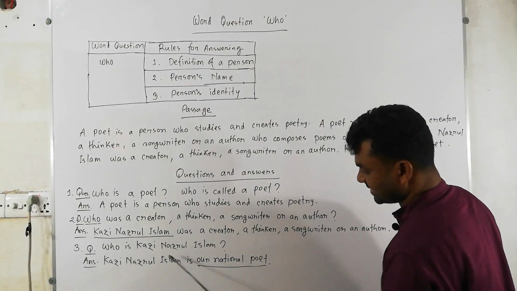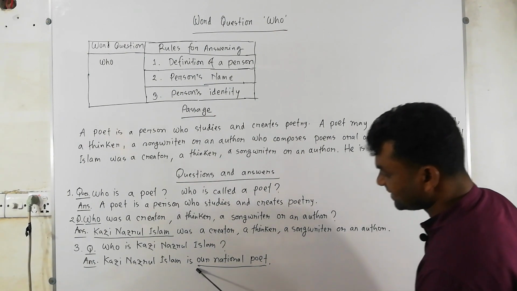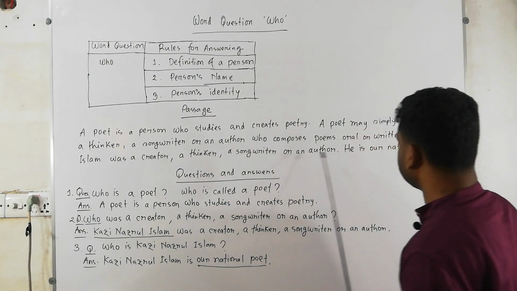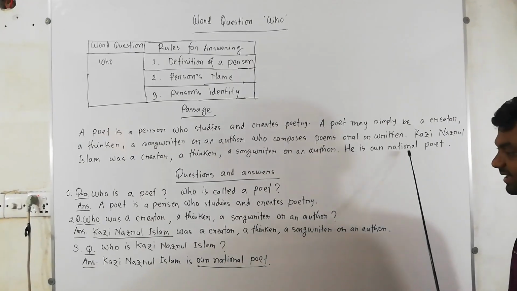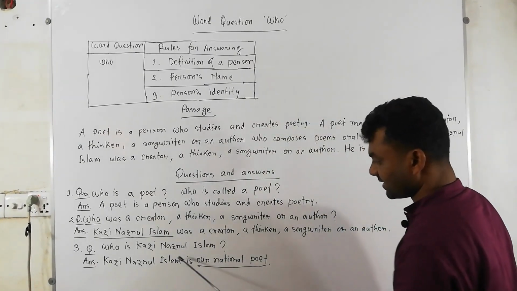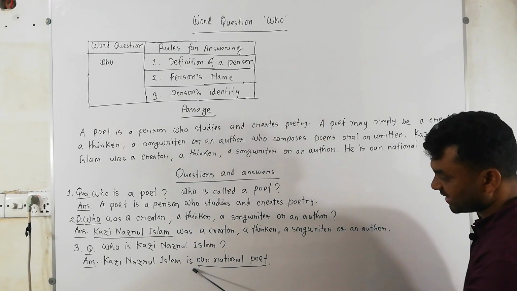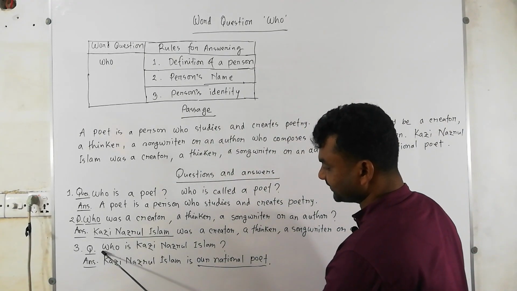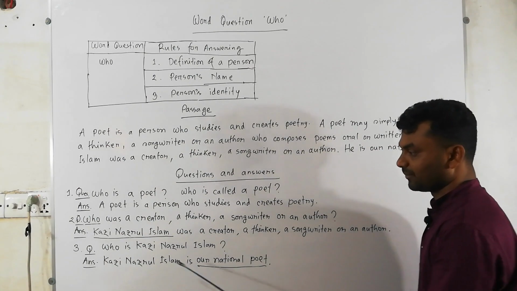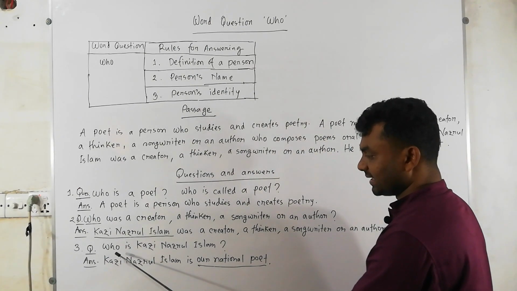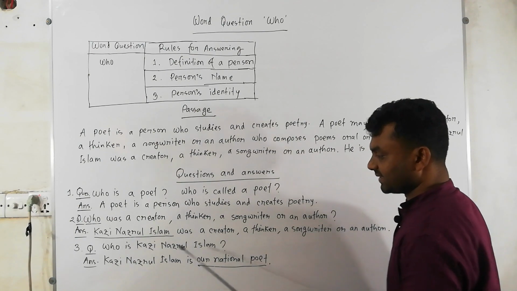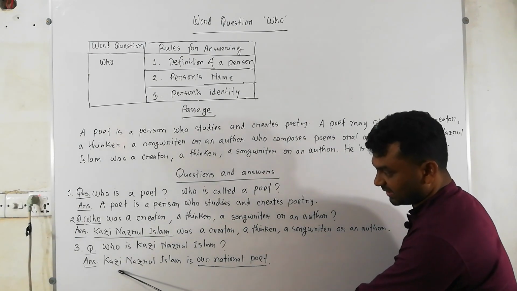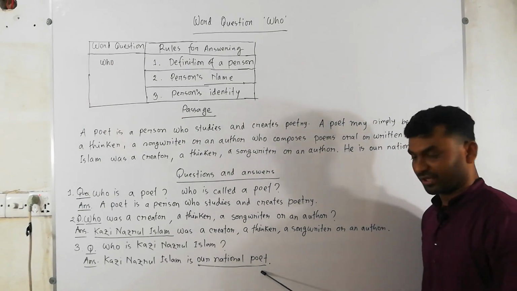After that the verb is, and Qazi Nazrul Islam's identity is our national poet. That's why I wrote it. Qazi Nazrul Islam is our national poet, and our national poet has been used instead of who, and this is the answer of the what question who, who is Qazi Nazrul Islam. According to this question, the answer should be: Qazi Nazrul Islam is our national poet.